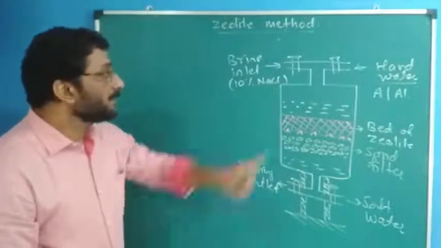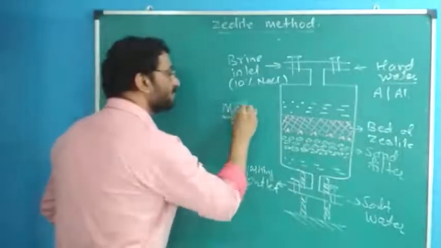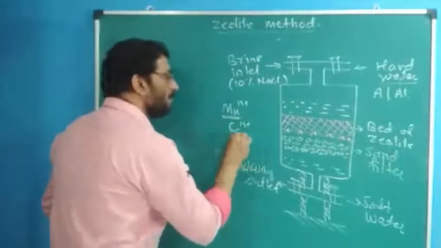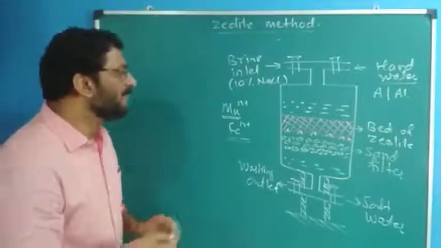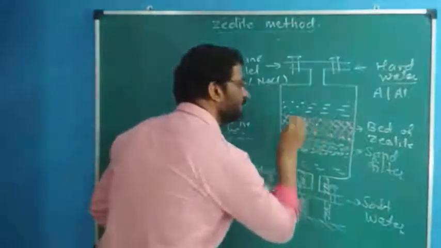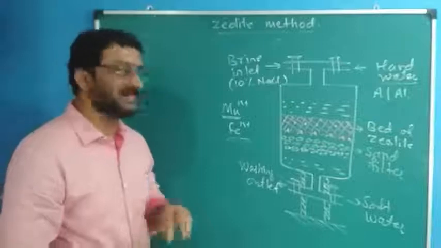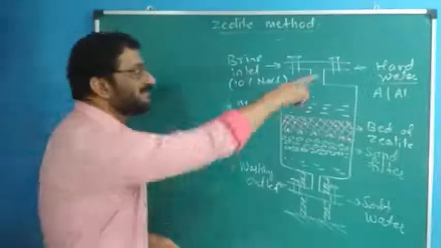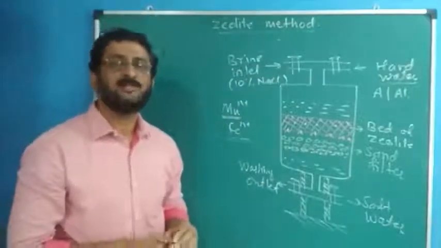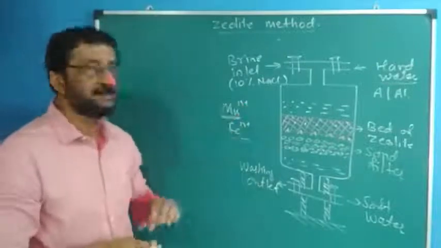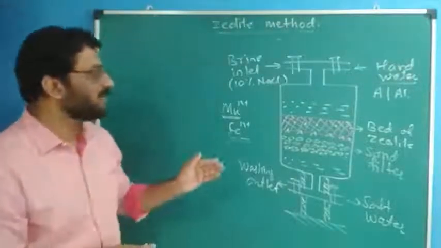Second, if the hard water contains heavy metal ions like manganese, iron, maybe zinc, they may get trapped in the bed, so proper softening may not occur and regeneration is difficult. Third, if the raw water passing over the bed of zeolite is highly turbid, then proper softening may not occur. These are the few disadvantages of the zeolite method.